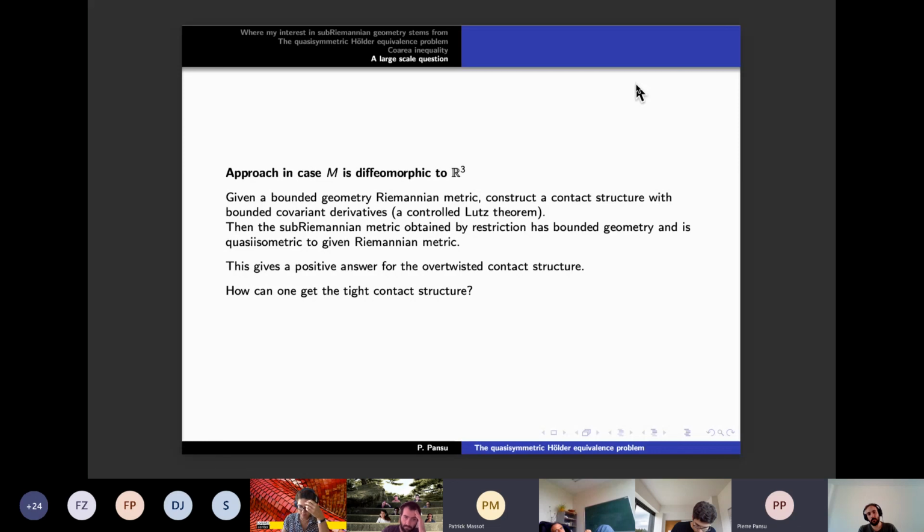Ah, yeah. But I mean, the construction you have in mind will indeed produce over-twisted disks as far away from the origin, infinitely far, yeah. Ah, you're right. So when I said over-twisted, I should say the contact structure which is over-twisted up to infinity, right?